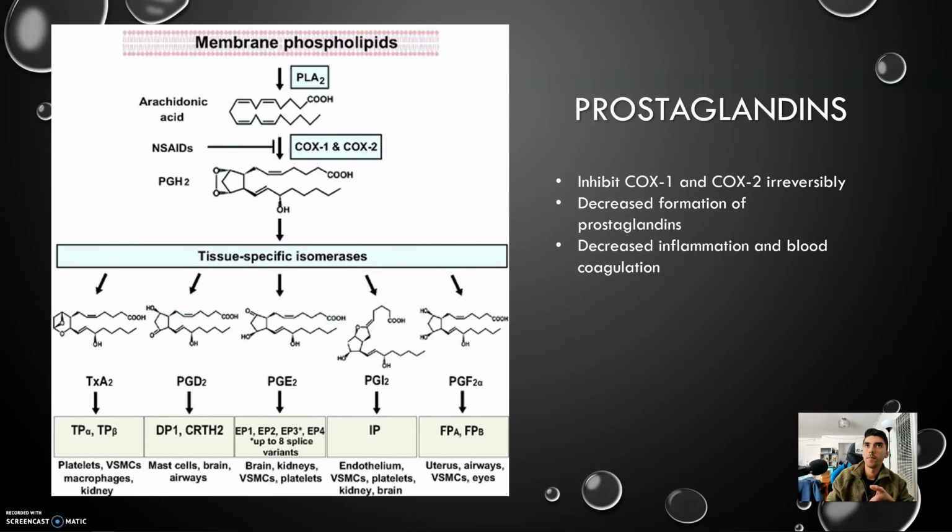It is involved with promoting platelet aggregation, as well as vasoconstriction, so decreasing the vessel wall diameter. So it actually works kind of opposingly with prostacyclin, but overall it's trying to regulate blood flow in response to tissue damage. Tissue damage also results in inflammation, which prostaglandins are very important for.